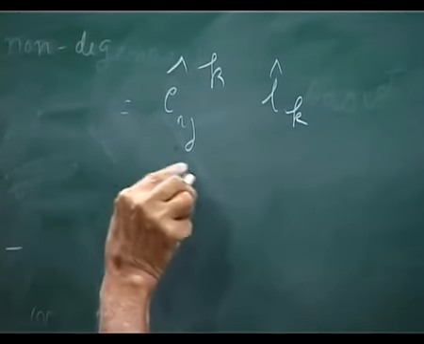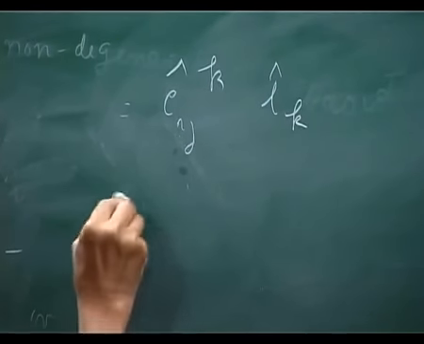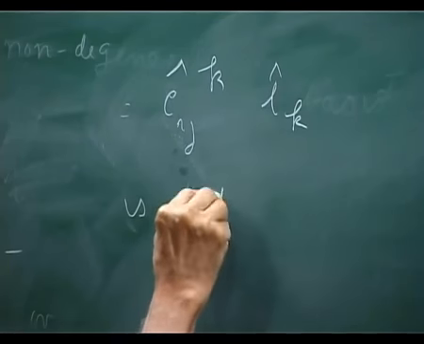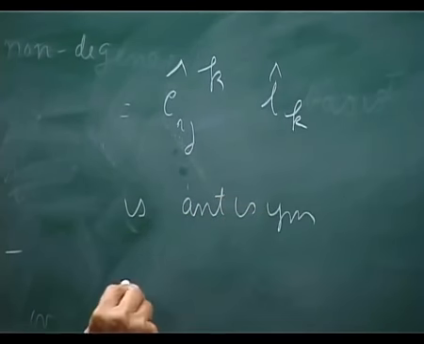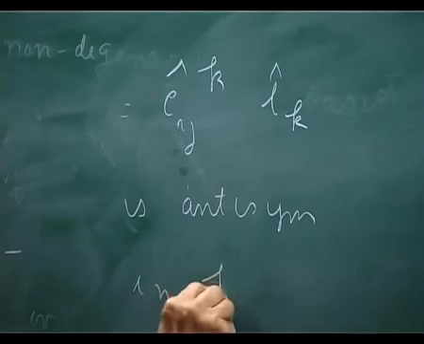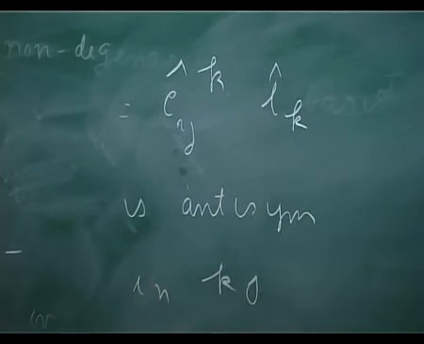But now I am telling you this is antisymmetric by this equation in k j, these two indices.